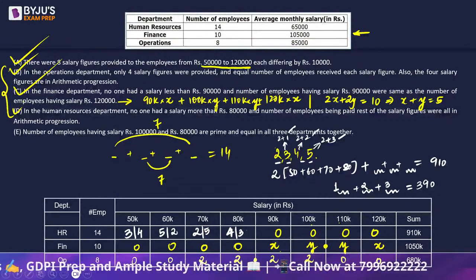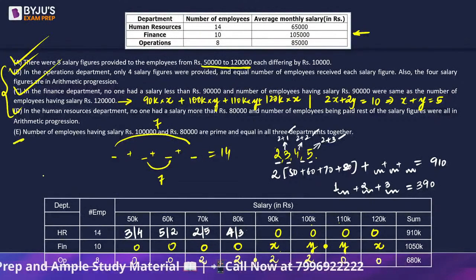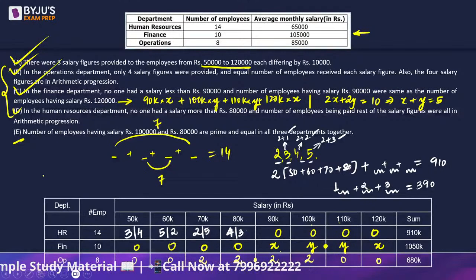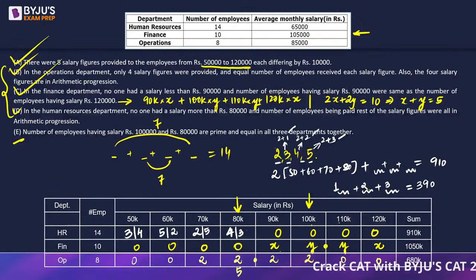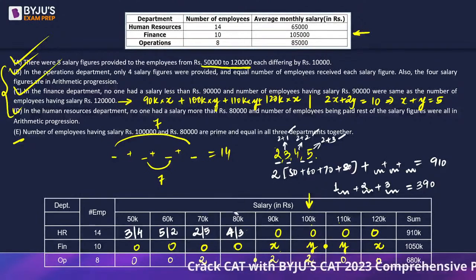Next, it says, last point, number of employees having salary rupees 100,000 and 80,000 are prime and equal in all 3 departments. So 4 plus 2 तो prime नहीं होगा. 3 plus 2 prime होगा. 80,000, can we say 5 employees get this?